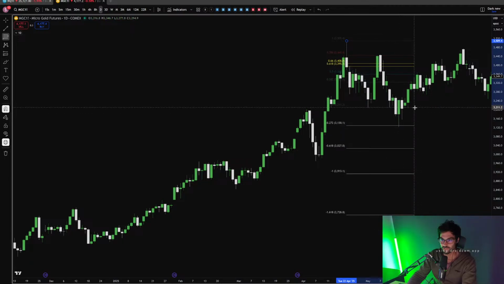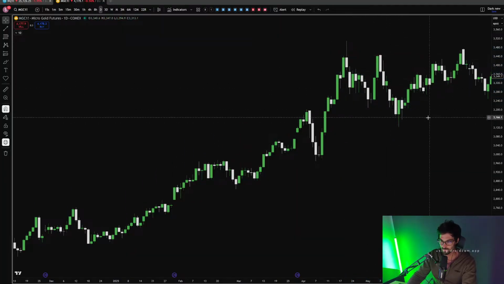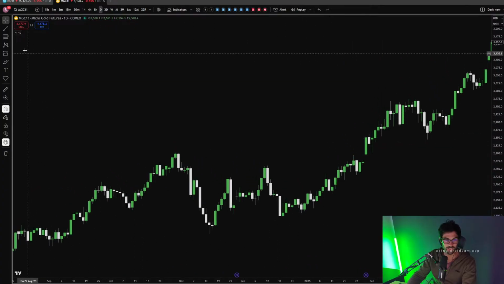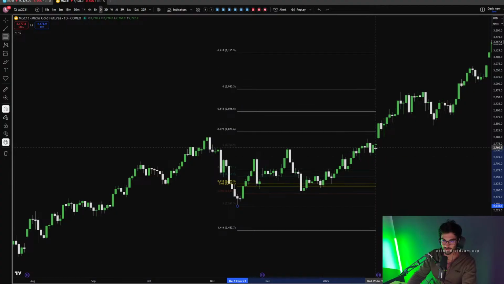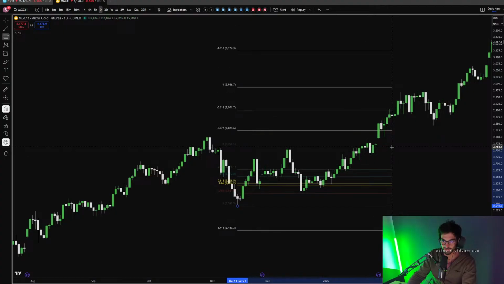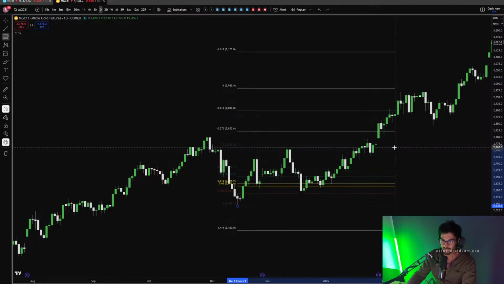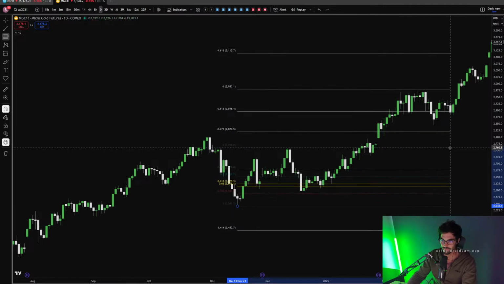So it went to the 0.786 actually, and it went into the minus 0.272. So you can see deeper retracement, smaller push. Let's see another example. Well, from this one to this one here, it doesn't really apply. It reached almost the 0.1.